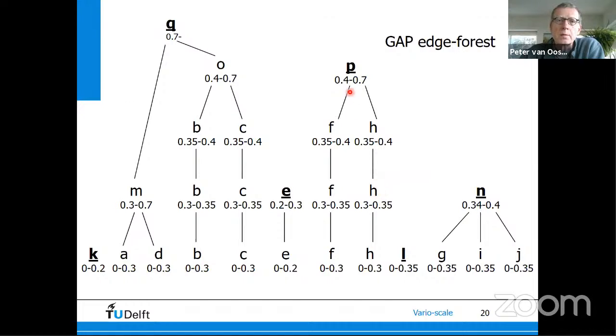So that is boundary P, and it's the top of a tree in the edge forest, and this collection of different trees, edge trees, is called together the forest in the GAP tree. So in total, GAP tree forest.